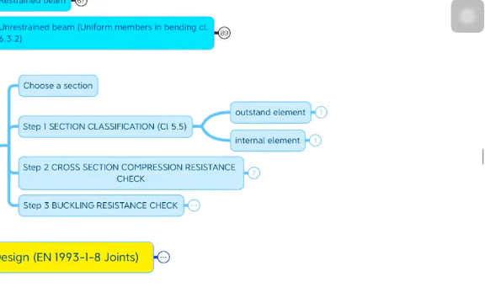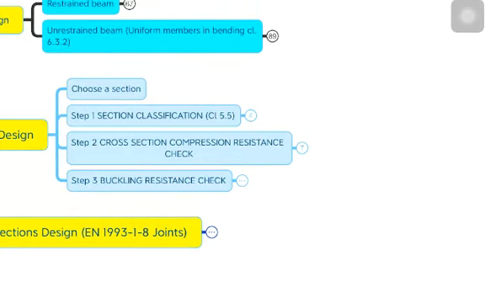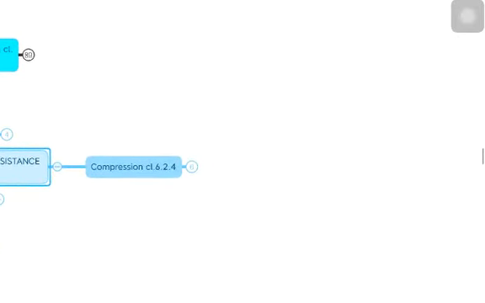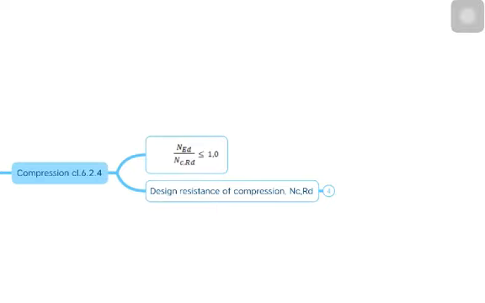Next, once you have classified the section, you will use that classification in the next step, which is step number 2, the cross section compression resistance check. You refer to clause 6.2.4, and the formula you need to comply with is the value of NED divided by NCRD, the one that I already mentioned before.